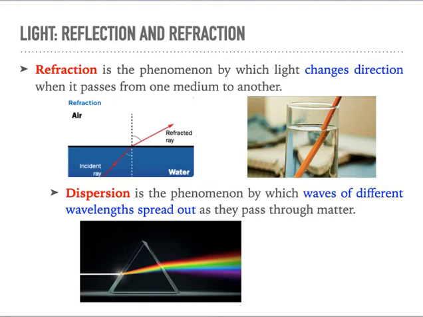We have another kind of effect with light, and it's when light changes medium. Like for example, it changes from water to air, or the other way around. The light changes the direction it was going, and what we're going to see is like something is broken.